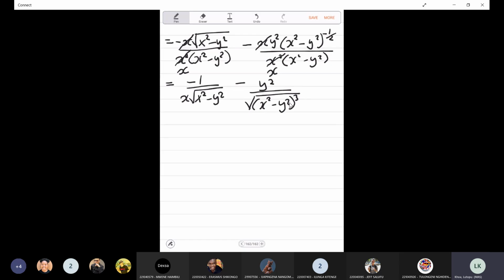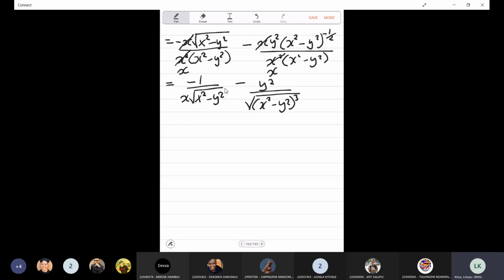Okay, right. So what we can do now is just combine these two fractions together. And before we combine them, the denominators must be the same. So for this one here, I need to add an x because there's an x over there. And this square root of x squared minus y squared has to become the square root of x squared minus y squared to the power of 3.